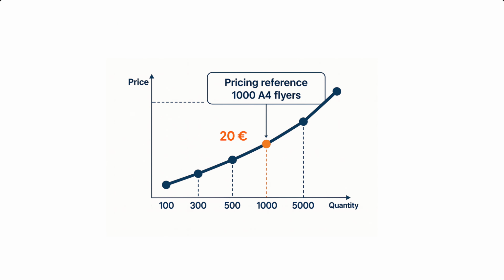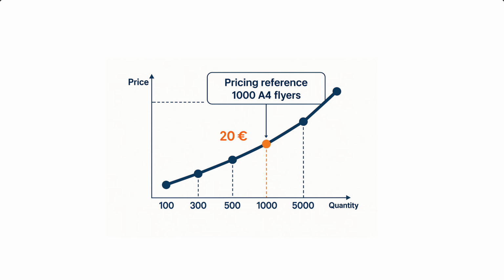Let's assume the market has established a price of 20 euros for 1,000 A4 flyers. Available print runs are 100, 300, 500, 1,000, 5,000, and 10,000 units. But it is the price for 1,000 units that is actively advertised by competitors and perceived as the reference.